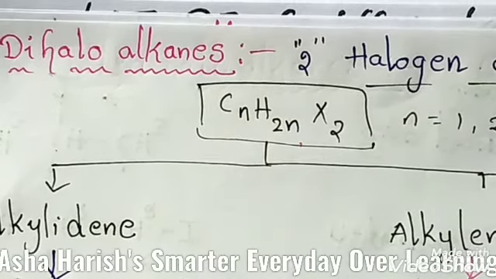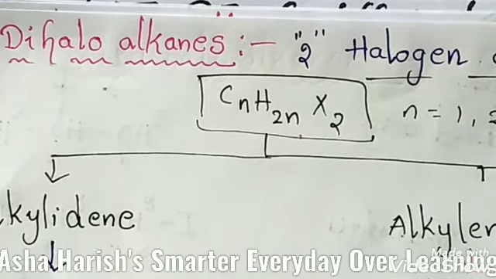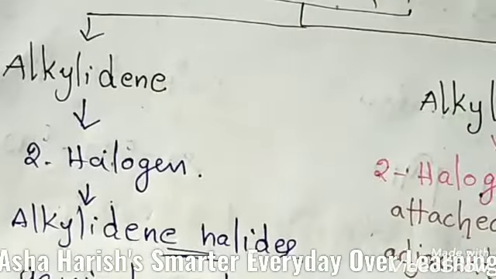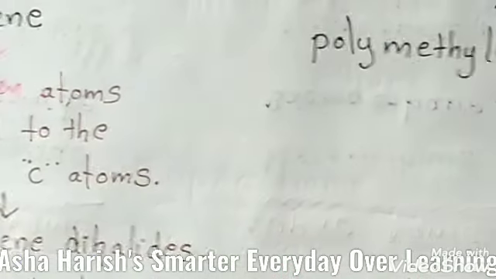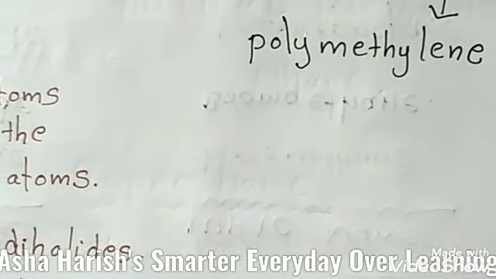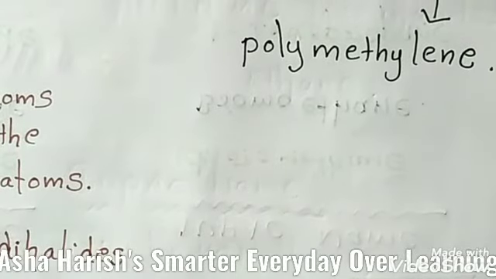Dear students, one more thing I forgot to tell you. In dihaloalkanes, the alkylidine type is completed, and the next one, alkylene, is also completed, and I forgot to tell you about the polymethylene type. Polymethylene dihalides.